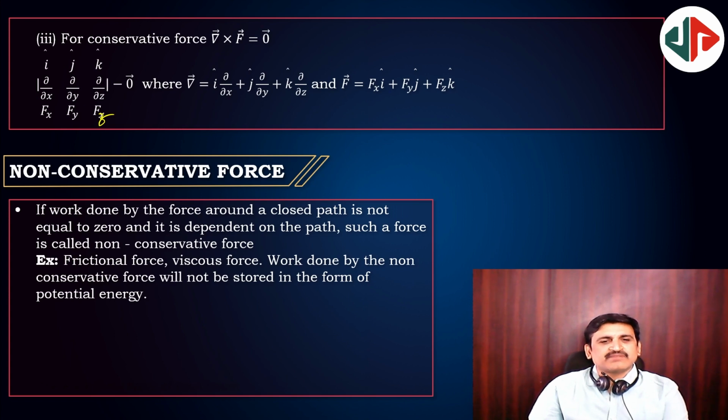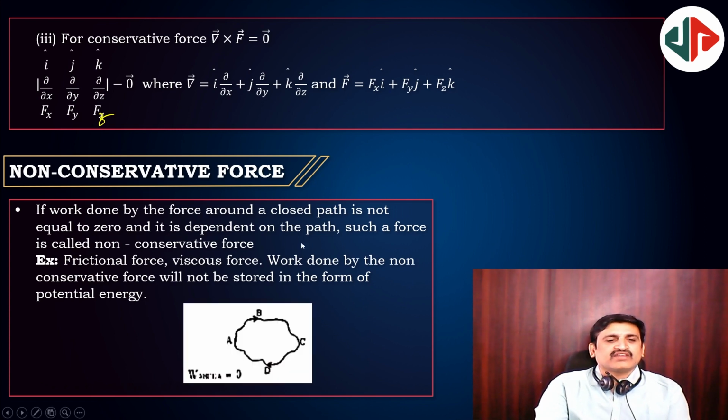Non-conservative force is dependent on paths. Such a force is called a non-conservative force. Examples are frictional force and viscous force. Work done by a non-conservative force will not be stored in the form of potential energy. Next, conservative is path independent, non-conservative is path dependent. Okay, next.